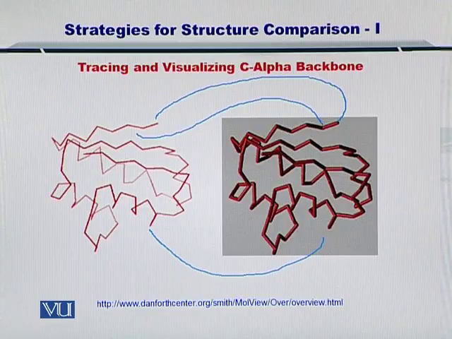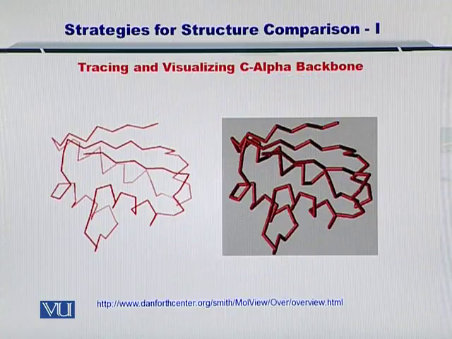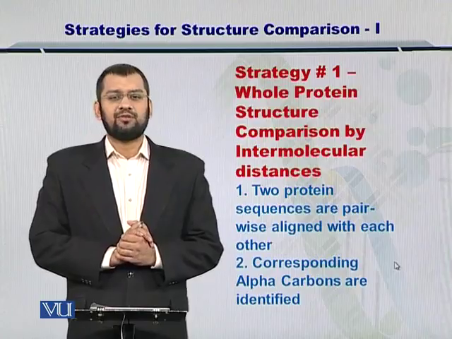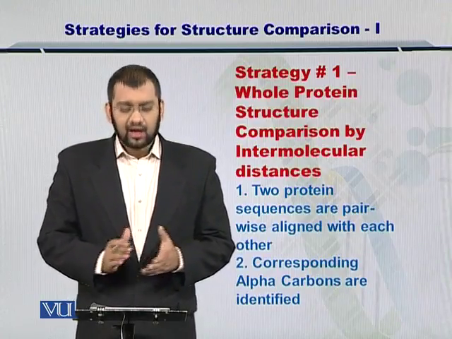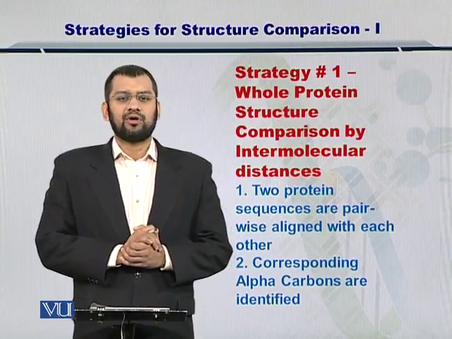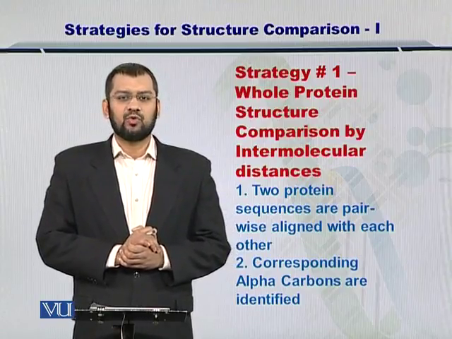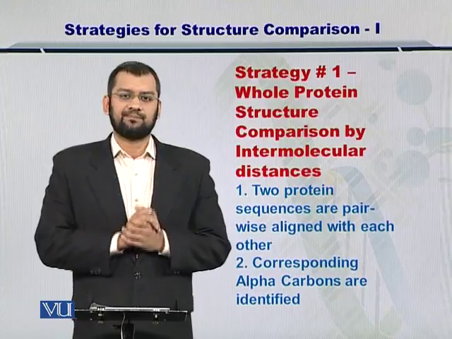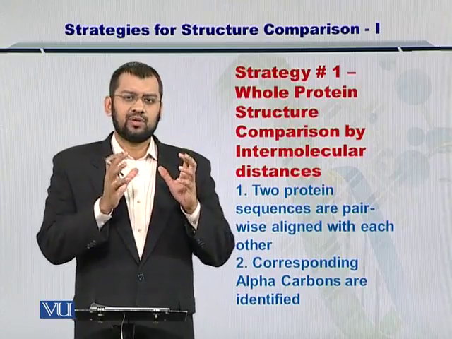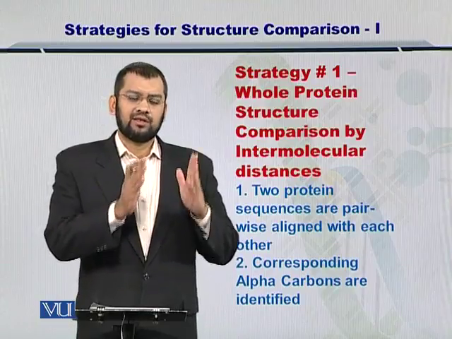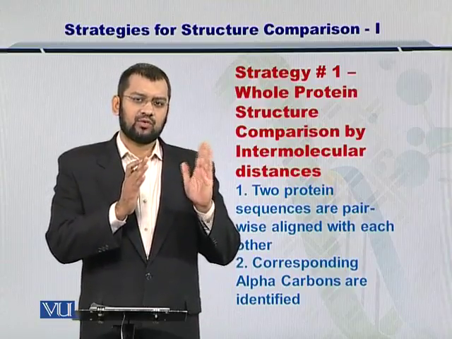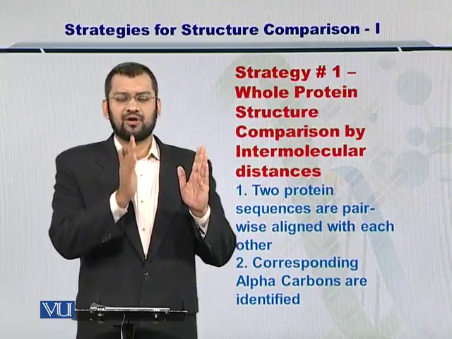So to overcome this problem, you have to be very careful, and you may want to have a well-defined strategy for that. Here I have outlined important steps in such a strategy to compare the whole protein structure. This will help you solve the problem I just mentioned, that the proteins you're trying to compare may have a different number of alpha carbons.